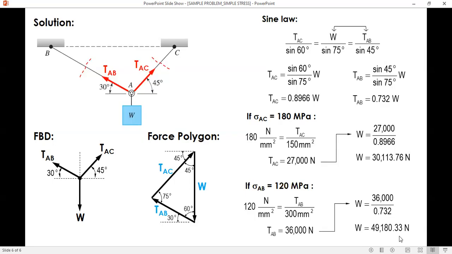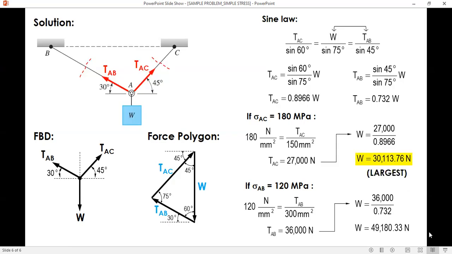Now, but the correct one is the smaller value between the two, which is this one, 30,113.76. It's the largest safe value. That is the smallest value, okay? Not the biggest one. So this one is the largest, okay?